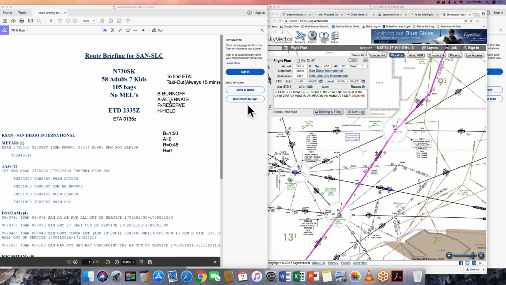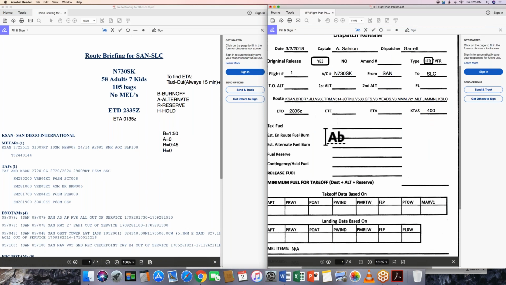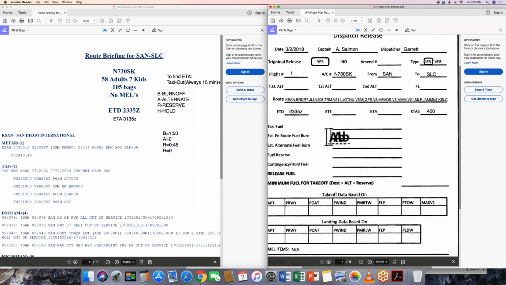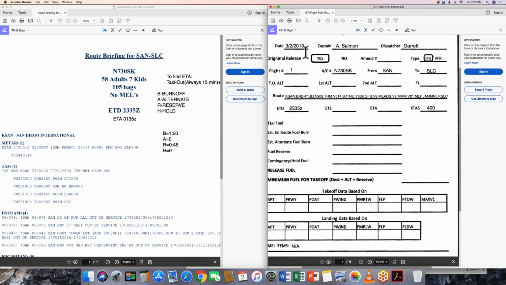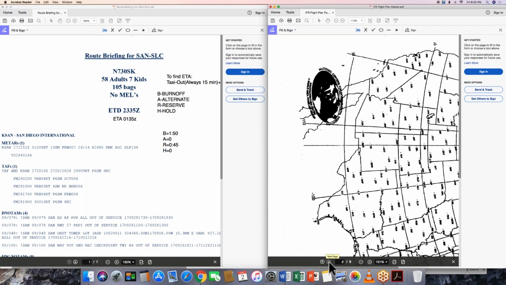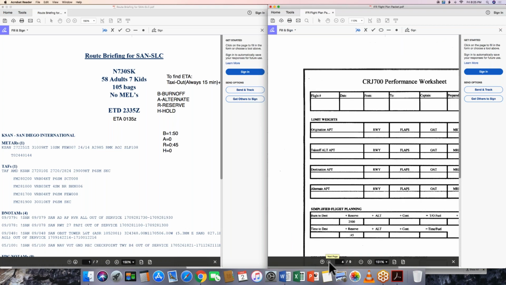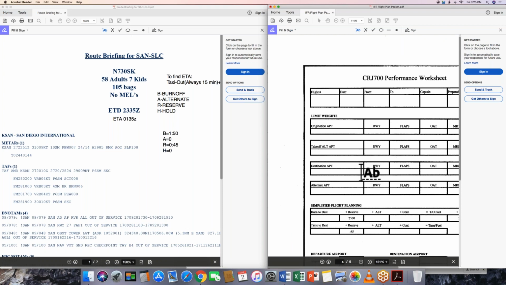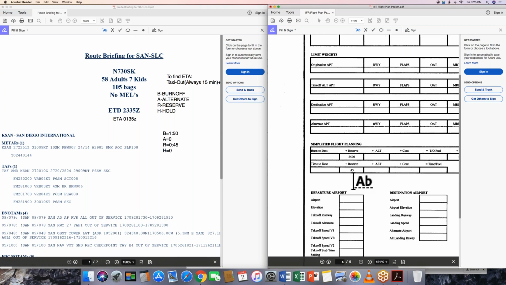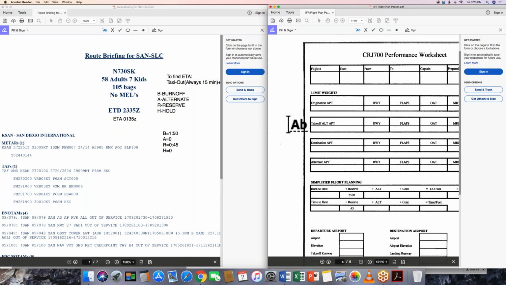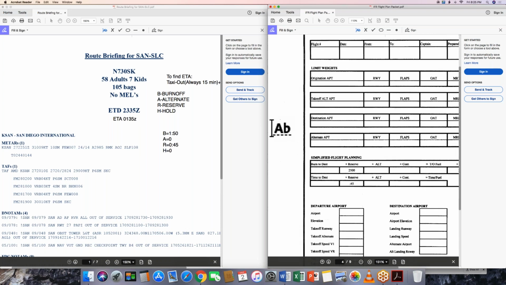So when we're looking at our fuel, we'll go back over to this page. We're going to throw down in this page, right there. This is our simplified flight planning. So we've got our route now.